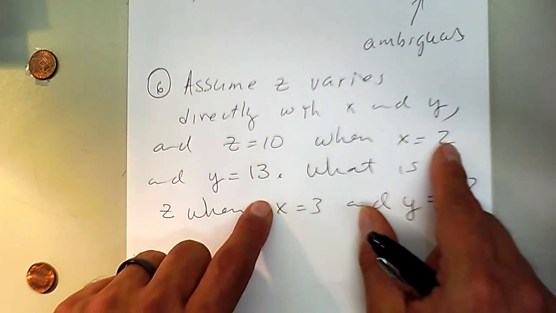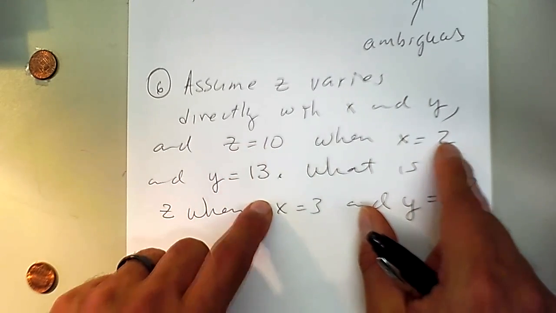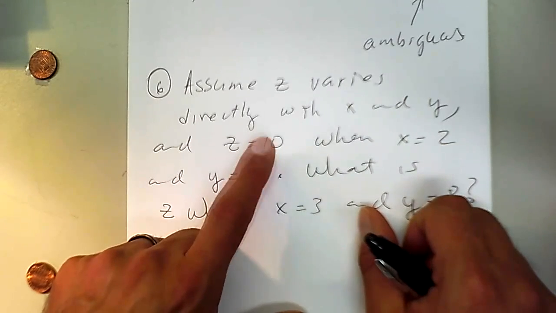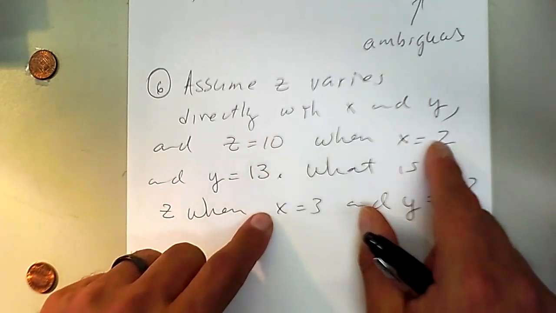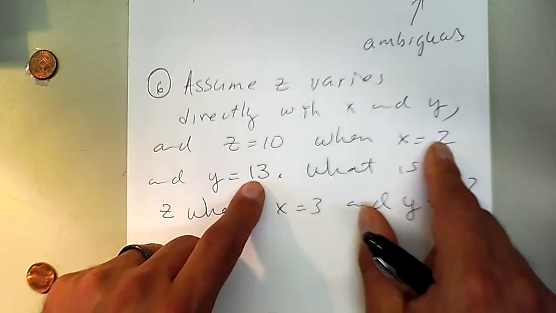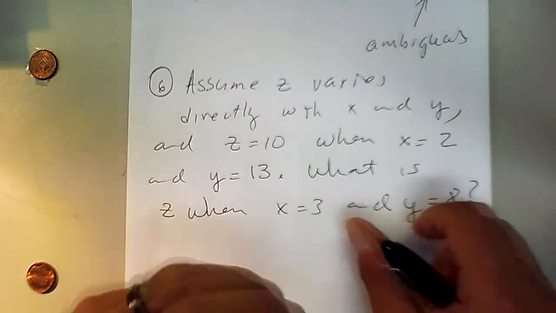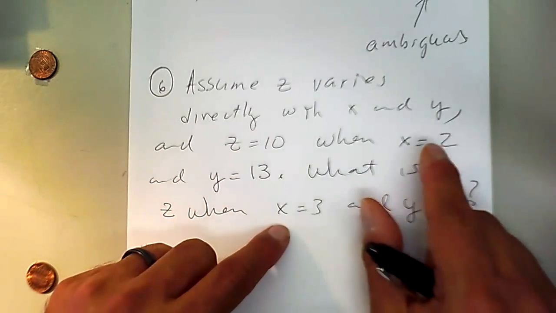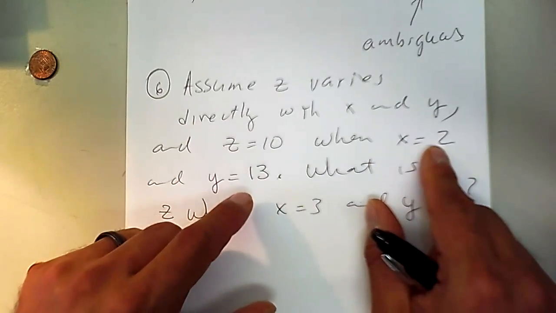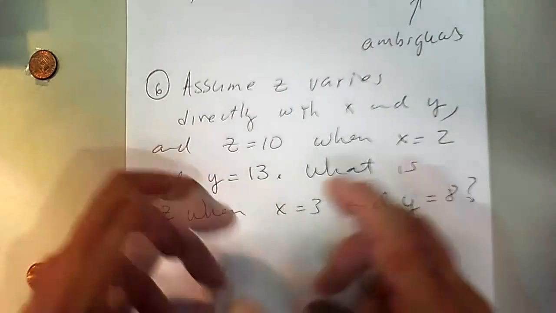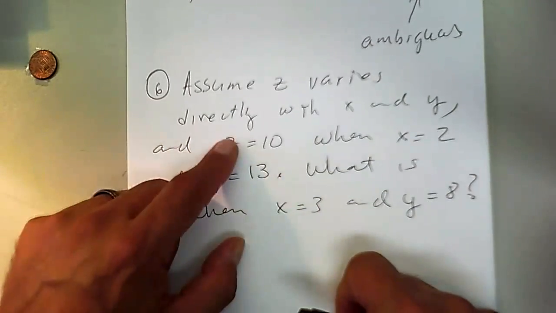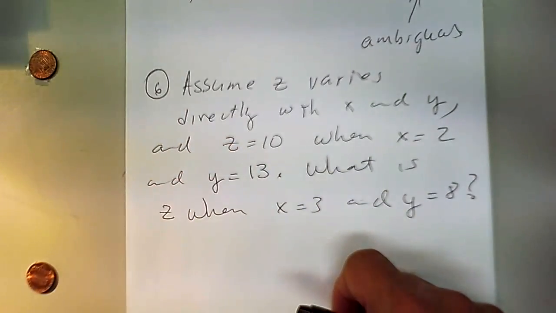If both double, then this quadruples. Then this gets multiplied by 4. If this triples and this doubles, then this one gets multiplied by 6. So we combine whatever happens with this along with whatever happens with that and multiply them together. And that's what happens to this guy.